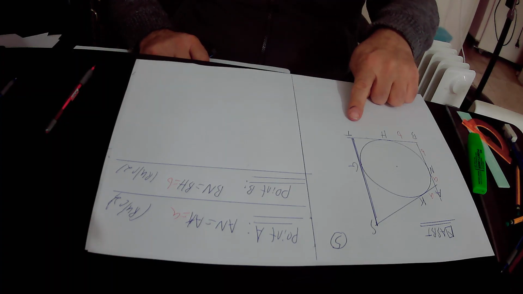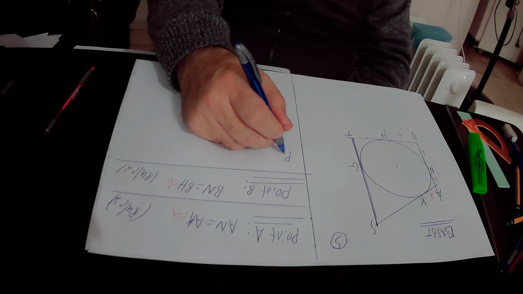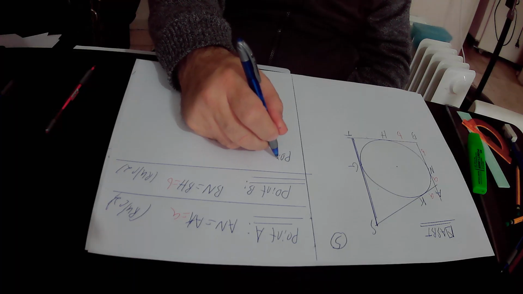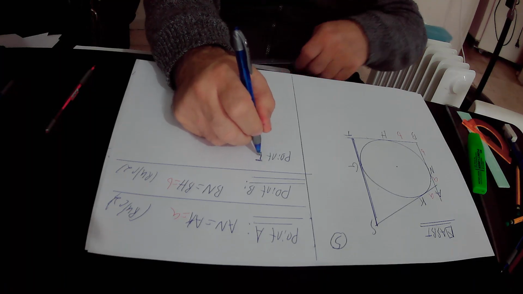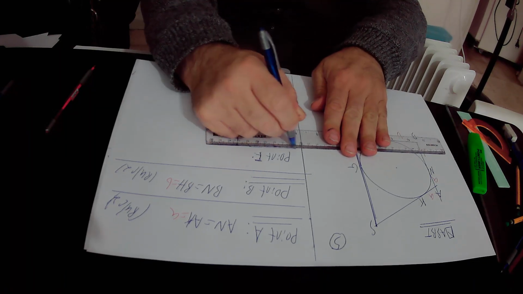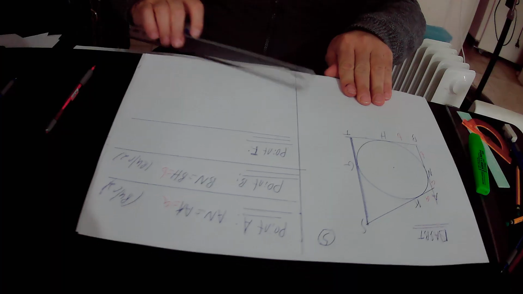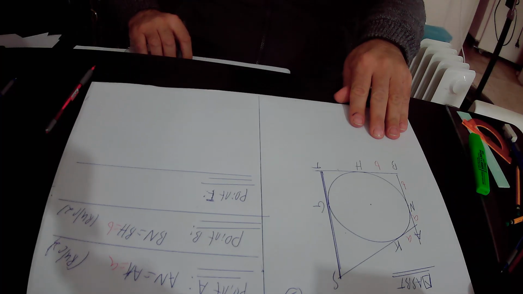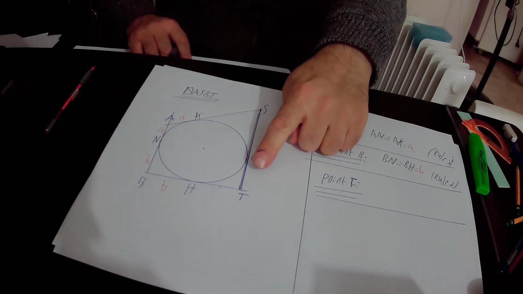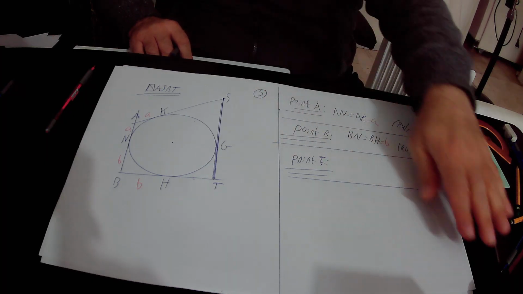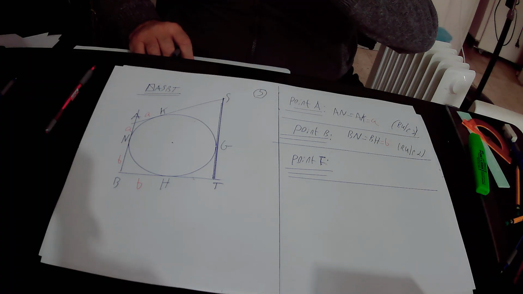In the next step, we'll focus on the common external point, point T. From the common external point, point T, we have two tangents to this circle, tangent TG and tangent TH, and according to rule 2, they are equal to each other.